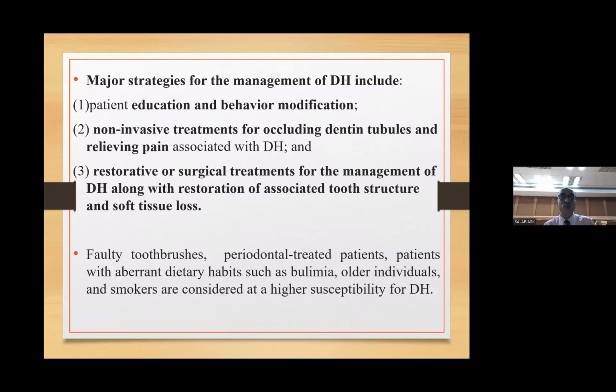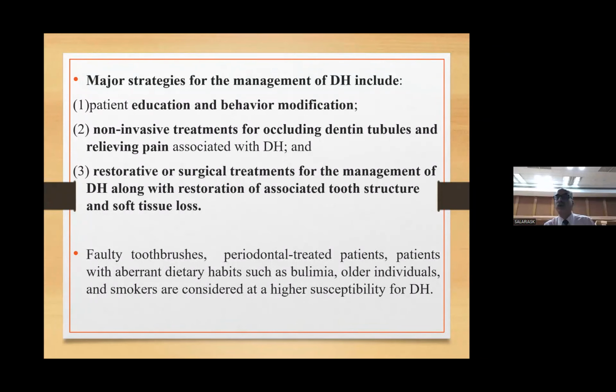That includes patients with overzealous toothbrushing, periodontal treatment patients, and patients with abrupt dietary habits such as bulimia. Bulimia is basically when the patient is systemically very conscious and is taking diet very precisely. 50 grams of protein is required, 100 grams of carbohydrates are required.